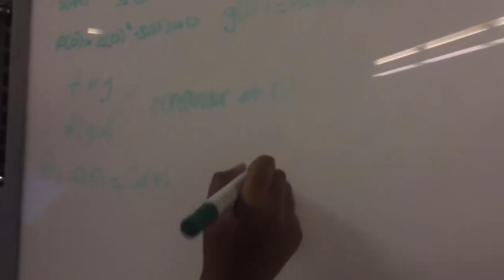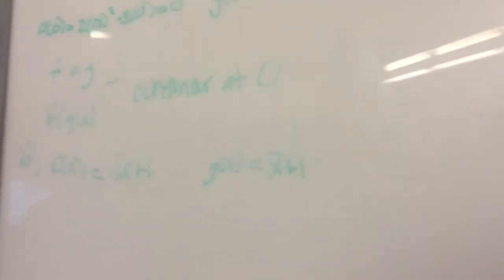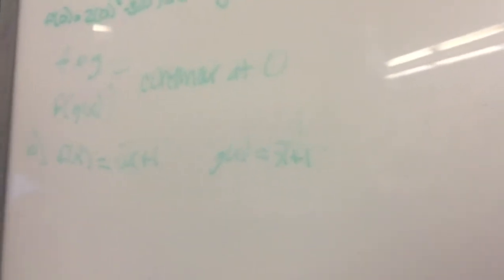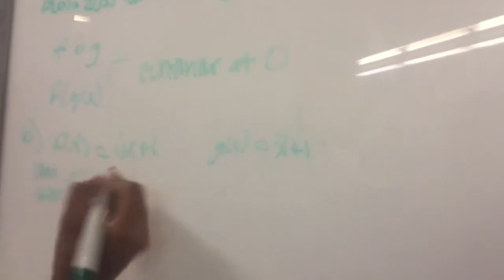Okay, for the next problem, we have f of x equals the square root of x plus 1, and g of x equals 1 over x plus 1. So we're first going to check the limit as x approaches 0 of the square root of x plus 1. That would equal 1. And then f of 0 would also equal 1.